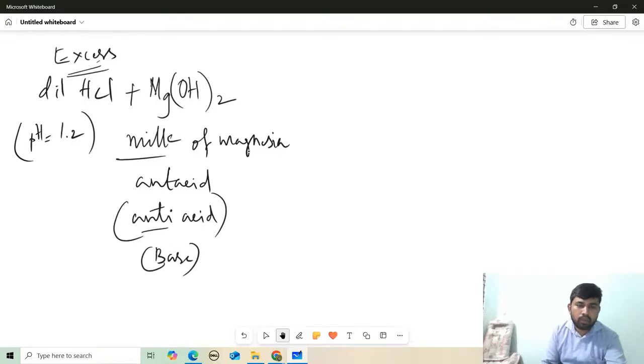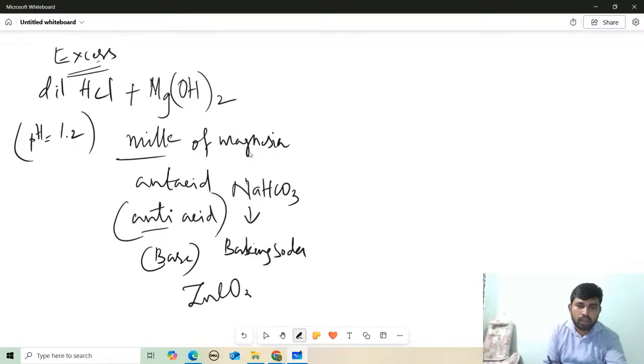We can also take NaHCO3 as a remedy, which is called baking soda. One more is ZnCO3, which is called calamine. These can all be used as a remedy for excess production of HCl.